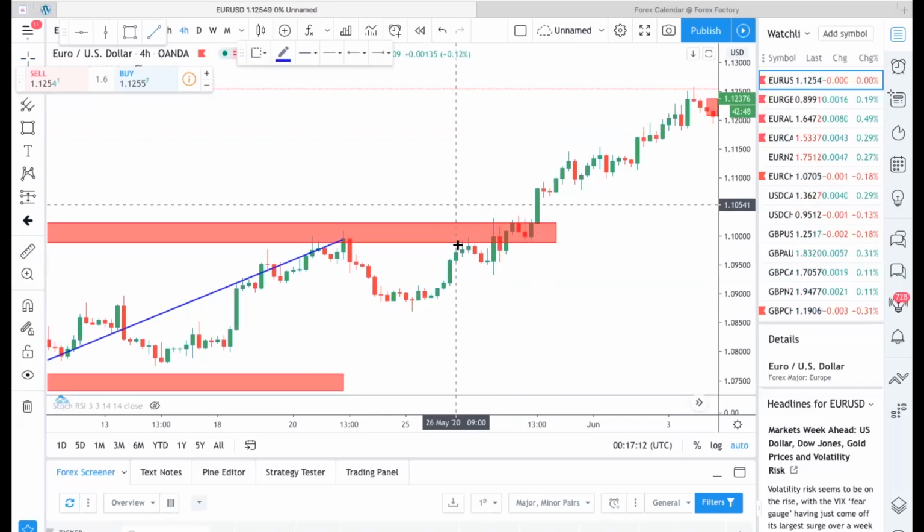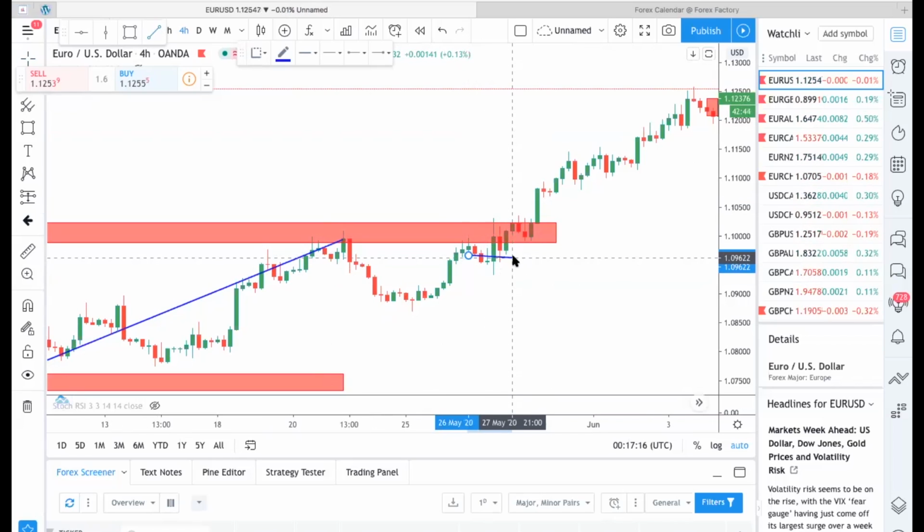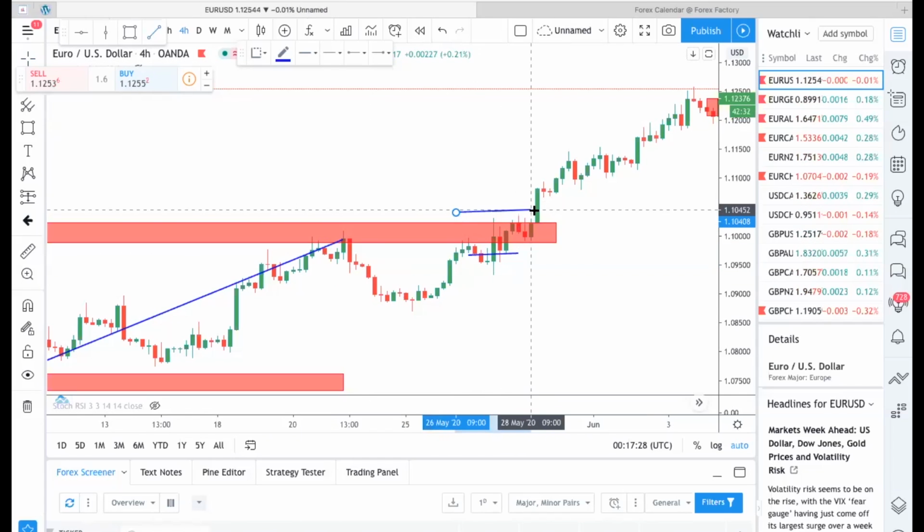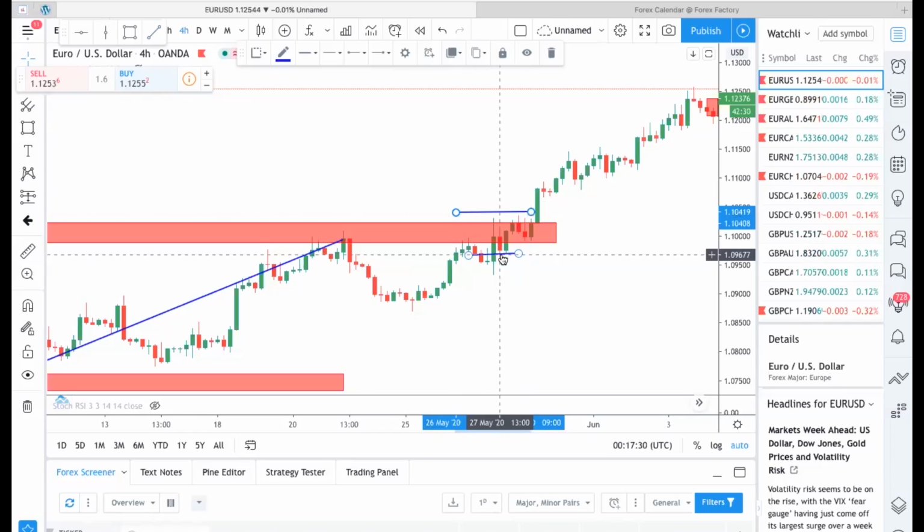So we would have probably gotten in after this first red candle formed, right? But then it never actually went down. Our stop loss would have been right above the market structure somewhere here. So if you were not watching this trade, this would have been a loss for us.